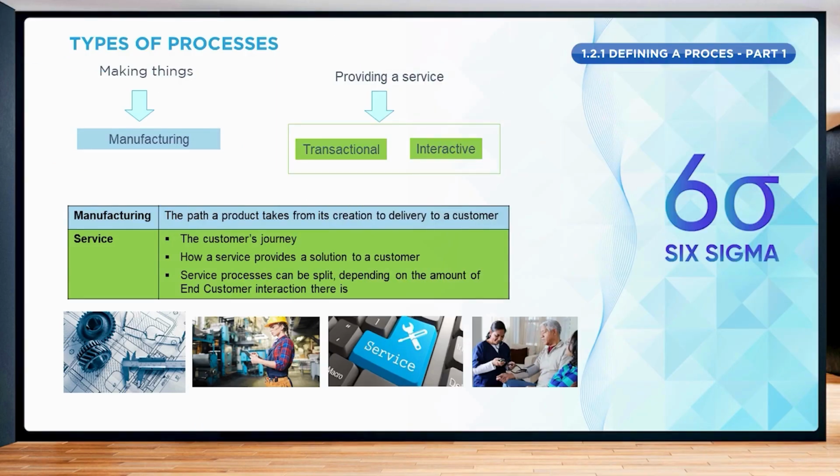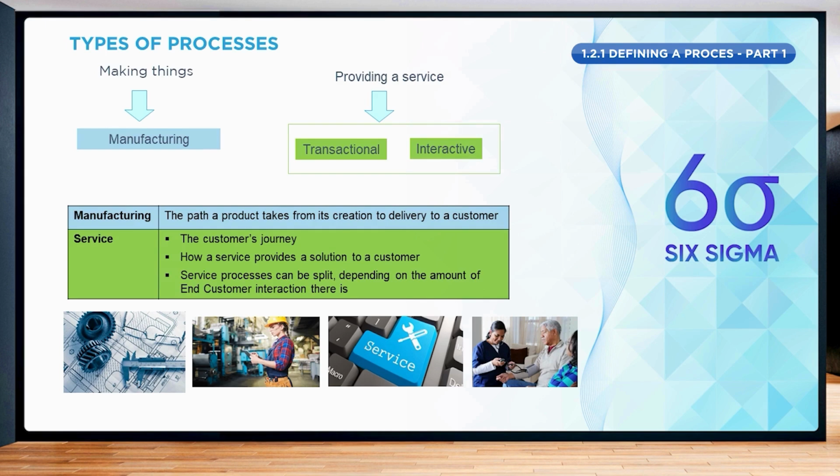Regarding types of process, broadly speaking, we have 2 main types. If we're making tangible goods, like products, then we're talking about manufacturing process. However, if we're providing a service, then we're talking about a service.